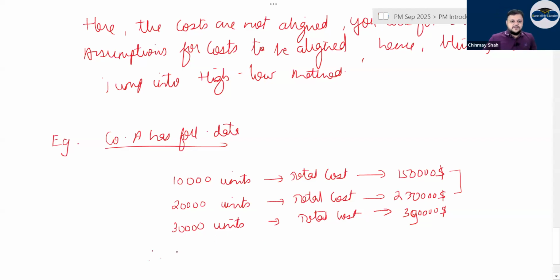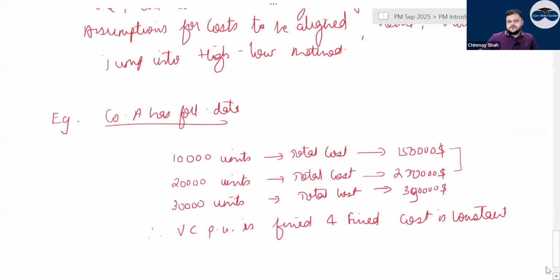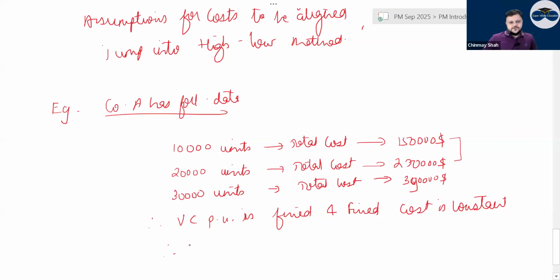Therefore, write down variable cost per unit is fixed and fixed cost is constant. बराबर है. देखो. Therefore, calculate variable cost per unit.